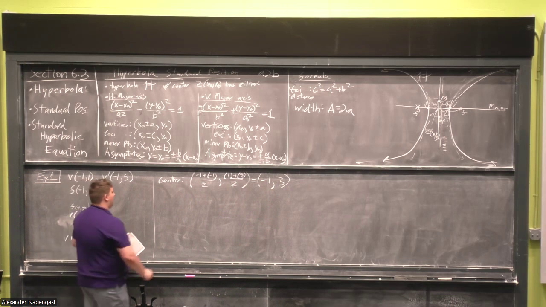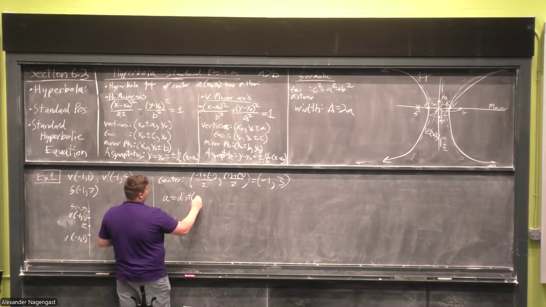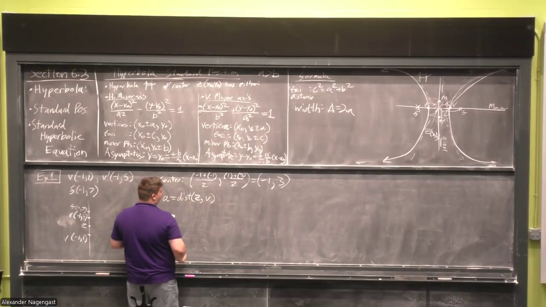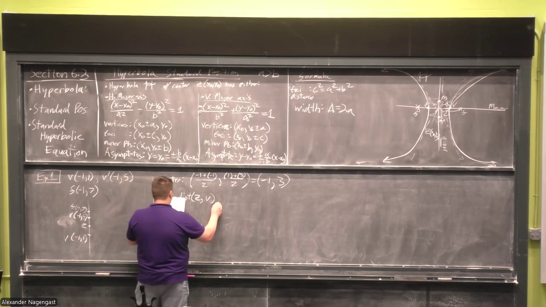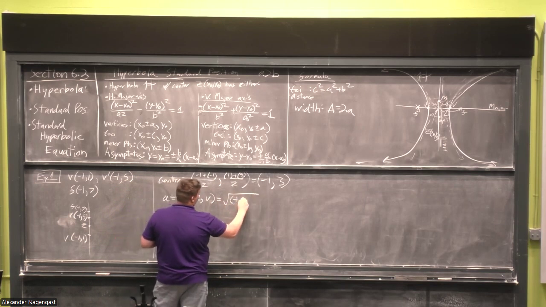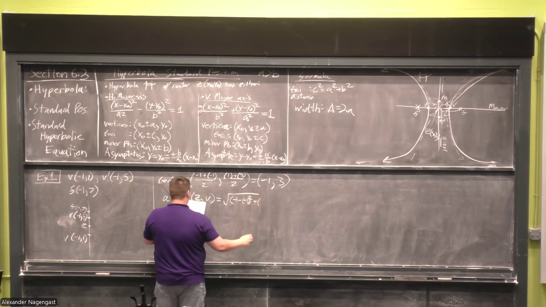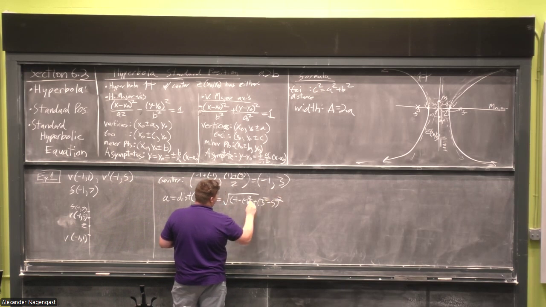Let's find our a. Well, our a is equal to the distance between our center, Z, and one of our vertices. So we can then write that as the square root of -1 minus -1 squared plus 3 minus 5 squared.